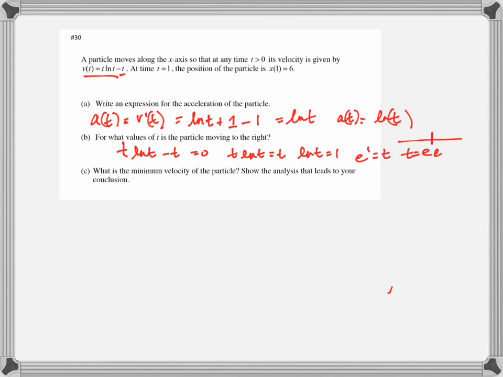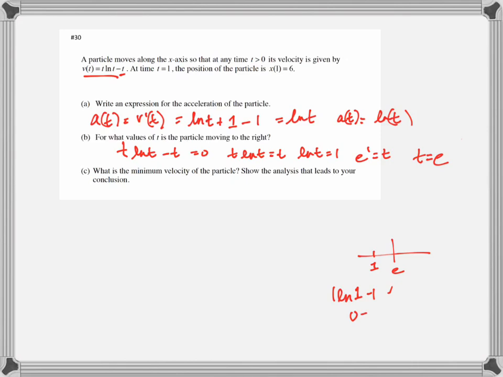Let's do 1. 1 is before e. So we said t was e. Now, let's try 1. That would be 1 times ln of 1, which you know is 0, minus 1.